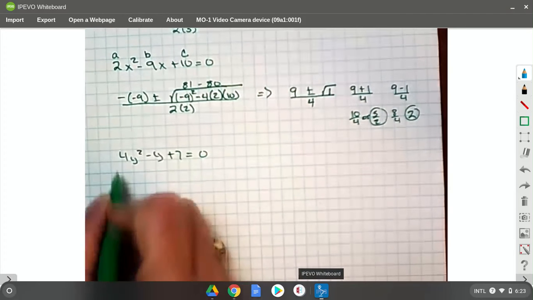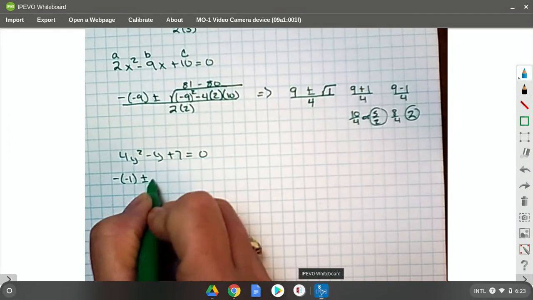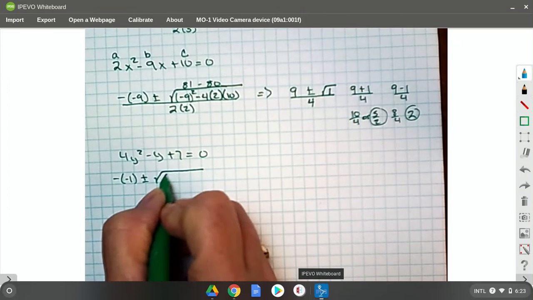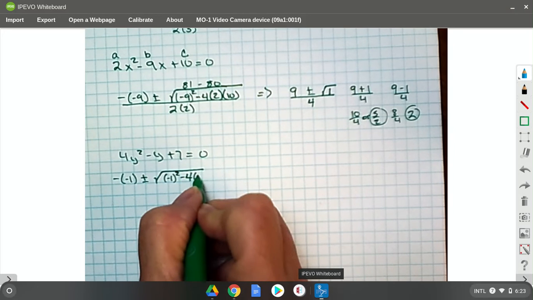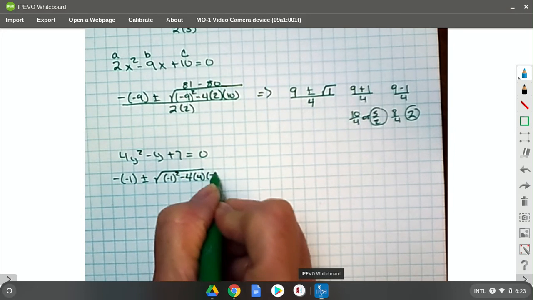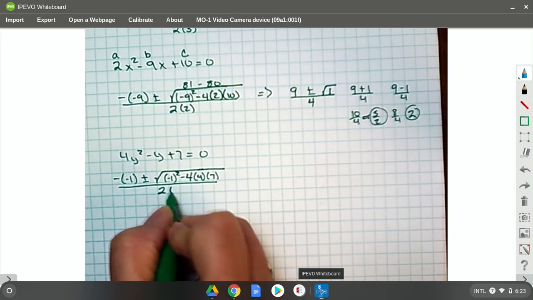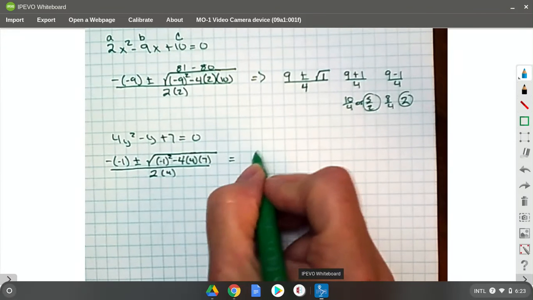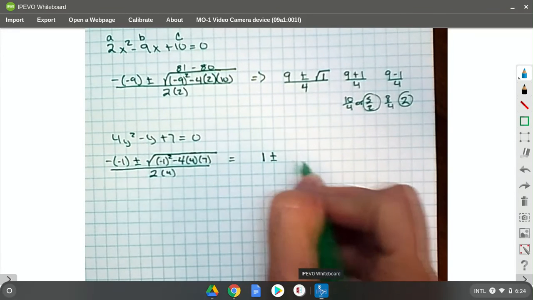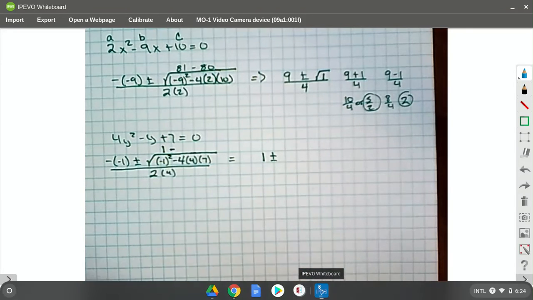So if I have this, then I have negative 1 plus or minus negative 1 squared minus 4 times 4 times 7 over 2 times 4. All right, so I have 1 plus or minus, I get a 1 minus 16 times 7.